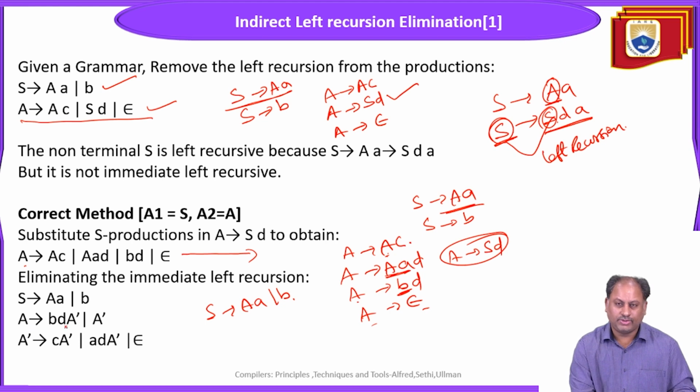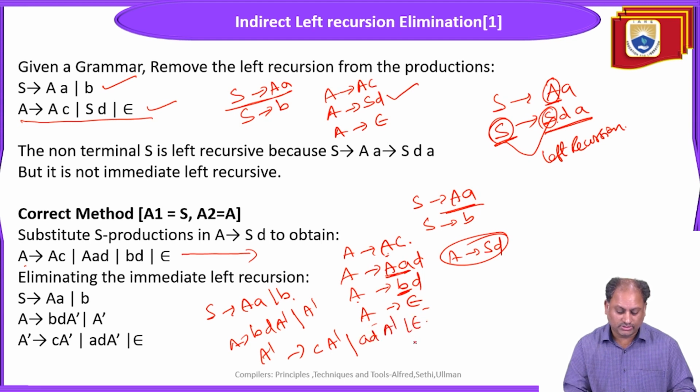Whereas for the second one, beta 1 A dash, beta 2 A dash: beta 1 is b d, A dash, and beta 2 A dash is epsilon. So that's why here A dash only. In the second case, alpha 1 A dash, alpha 2 A dash: c A dash, and then alpha 2 is a d A dash, and then epsilon.